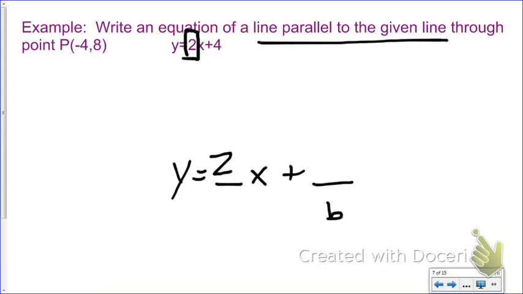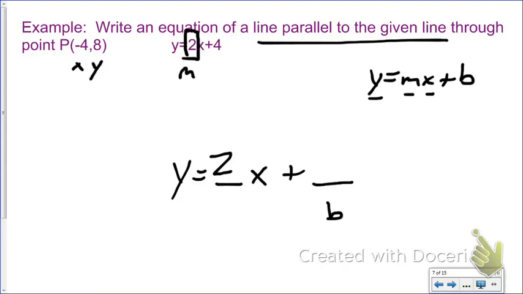And if you remember the way we did that, we made another separate equation that was y equals mx plus b. And we filled in the y, the m, and the x using the given point. And so remember in the point P, the -4 would be the x and the 8 would be the y.